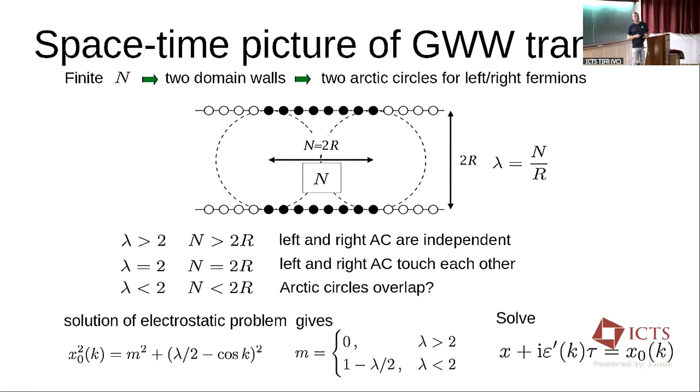It's not very difficult to guess. Each side of the domain wall produces an Arctic Circle, and they're symmetric. If these two points are sufficiently far away, these Arctic Circles live their independent life.